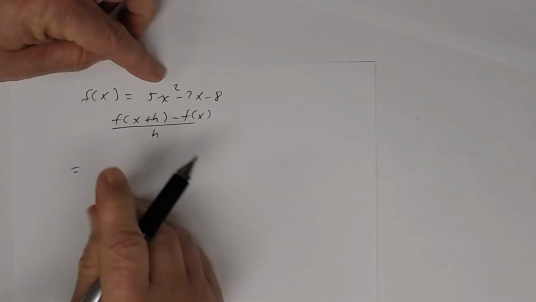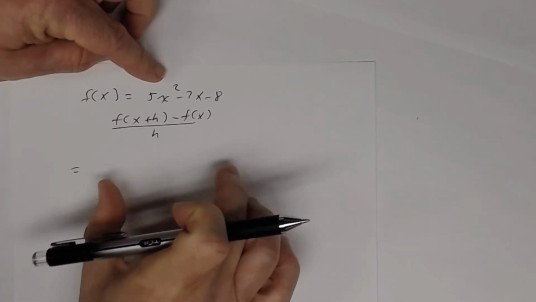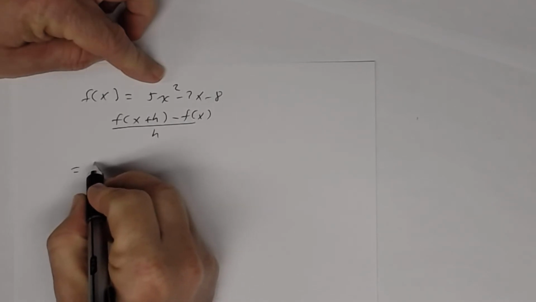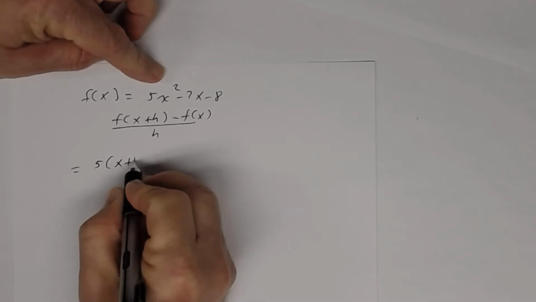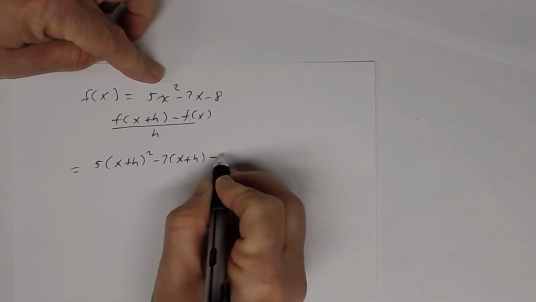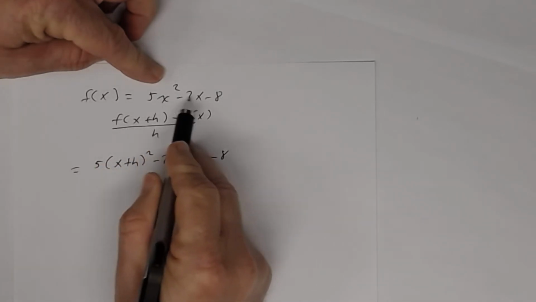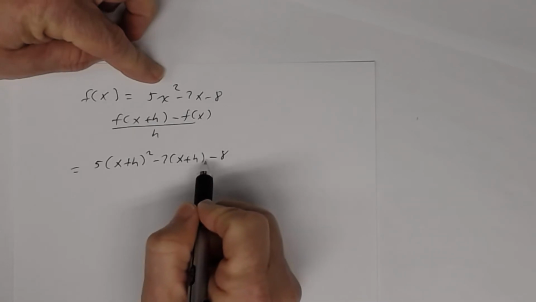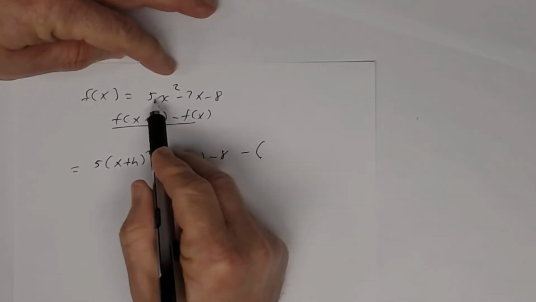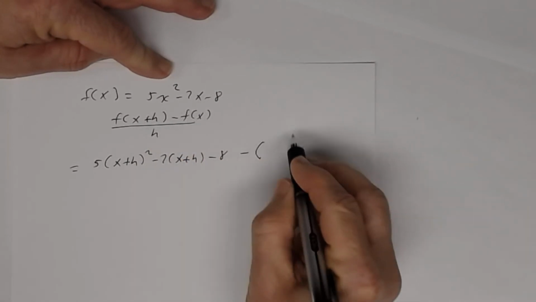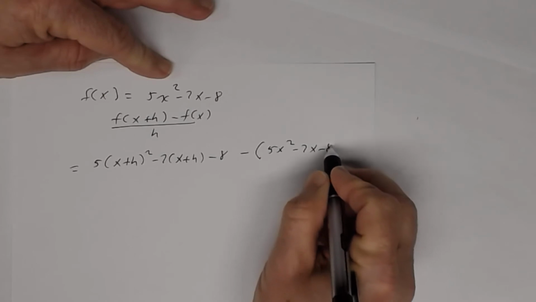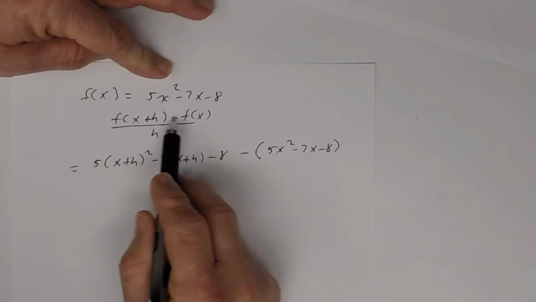So if you're going to do it this way, here's what that first part should look like. So you better write 5 times x plus h squared minus 7 times x plus h minus 8. So this part right here is this. Then you got to subtract your function. So then you got to say minus f of x, which is this quadratic expression, 5x squared minus 7x minus 8. So that's this right here.